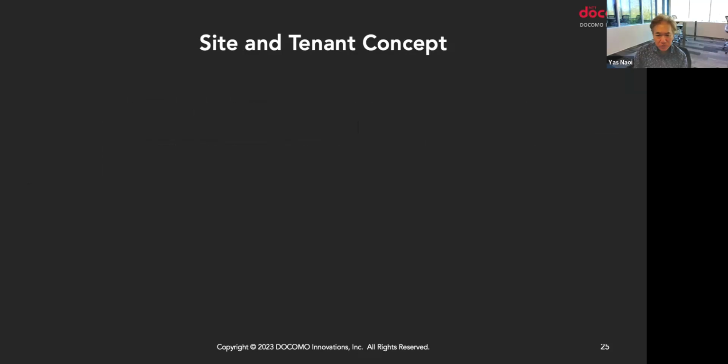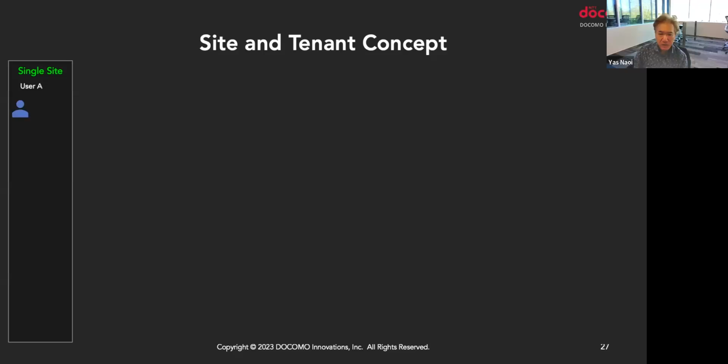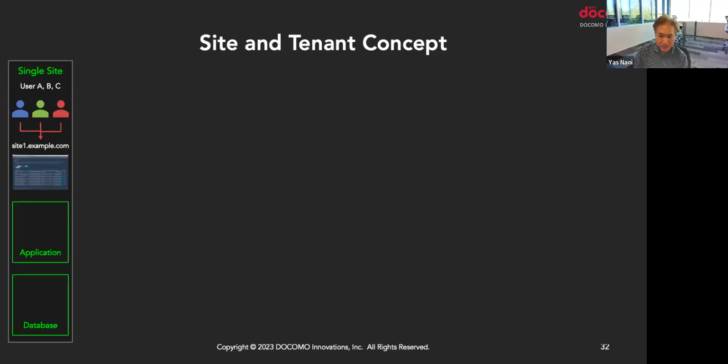I'll show you the architecture in one slide from now on, and it may confuse you because it will be a little complicated, but I hope you can follow my presentation. The first one is the single site architecture. When we have users A, B, and C, we have application servers such as Drupal and the database.